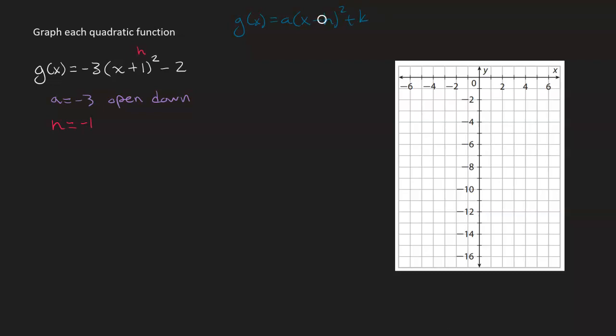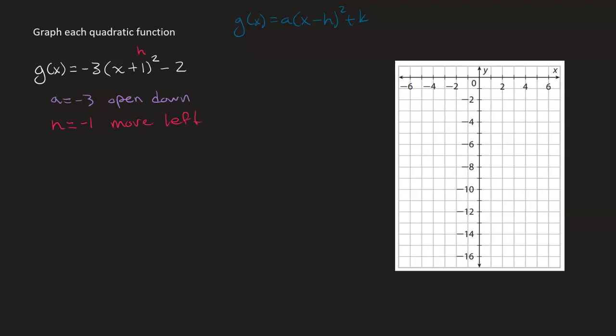Because in the form we have minus h, whenever you see a plus here, that indicates that your h value is negative. I'll go over this more in class, but just remember that because it's a plus, your h value is actually negative. Because it's negative, I am going to move left.